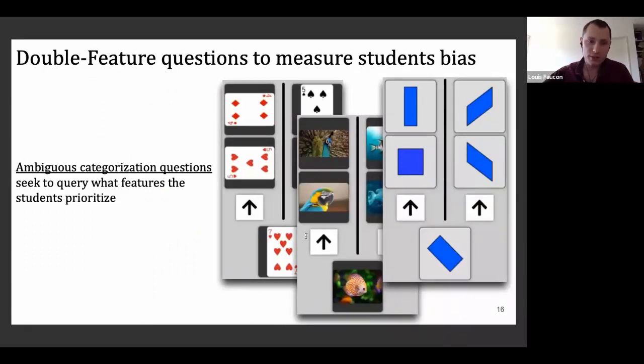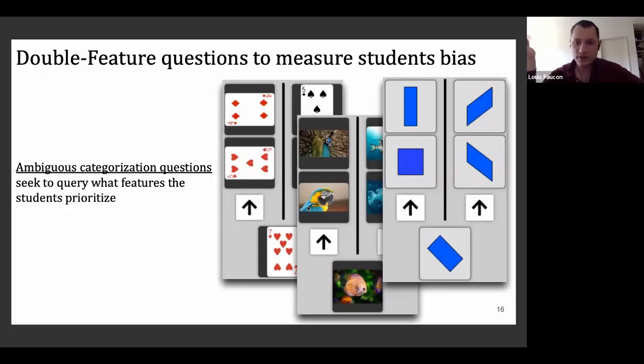A second aspect of the experiment was questions that were ambiguous because they were working with two different features. So for example, you can see the question with the blue geometrical shapes. You see two types of categories. For the example at the bottom, if you consider that the categories are rectangles on the left and parallelograms on the right, that will make you classify the fifth example to the left.